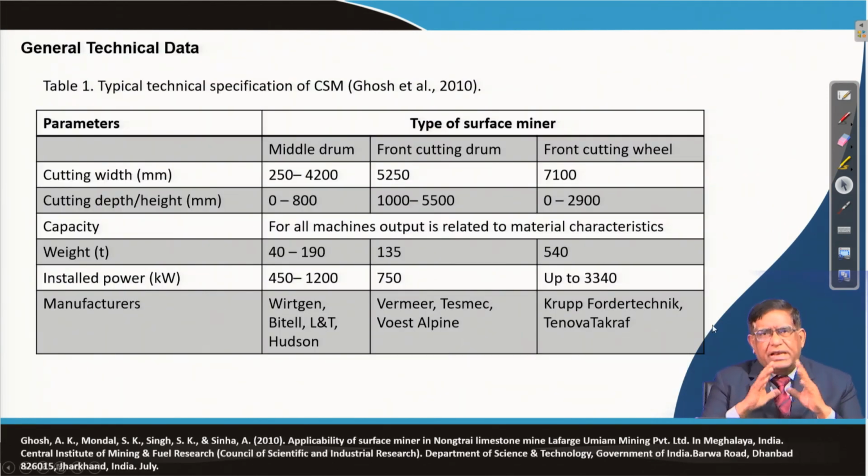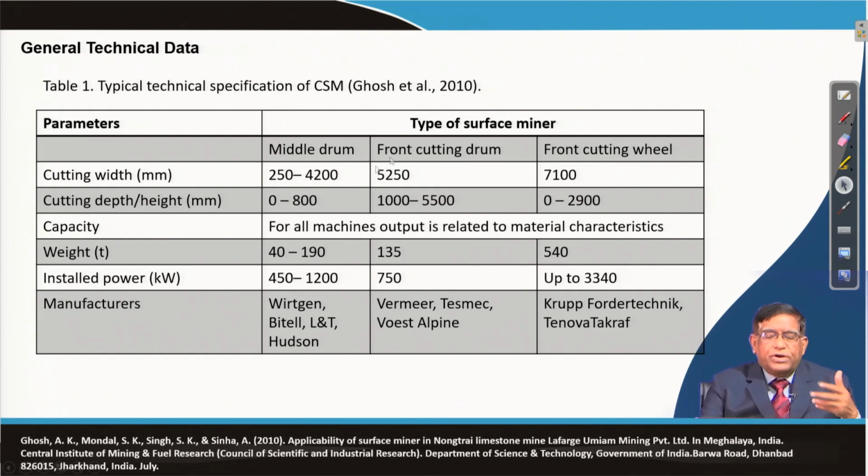So, now you have seen how the front drum machine works, and different machines have different specifications. Basically the cutting width goes from 250 millimeter to 4200 millimeter.